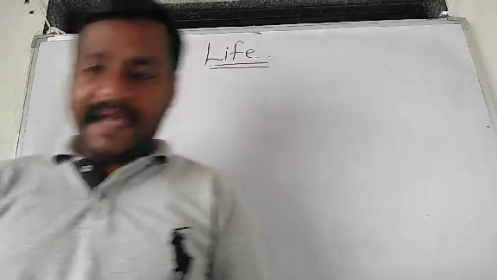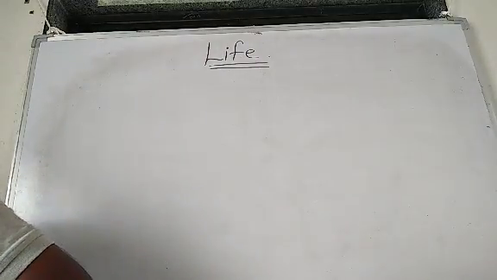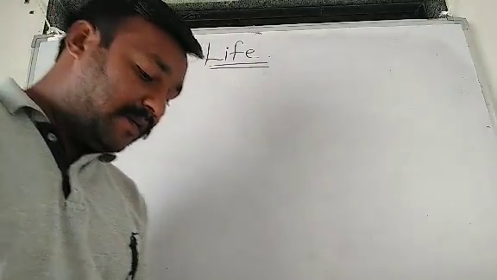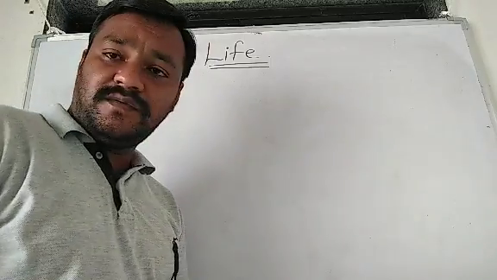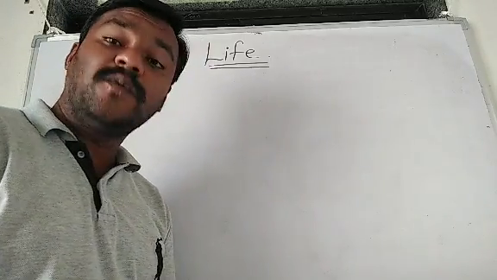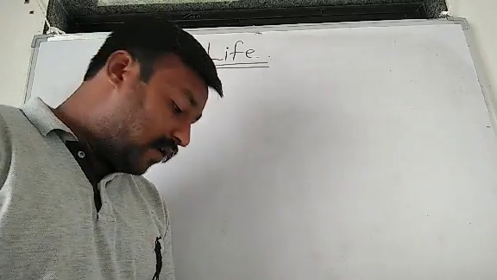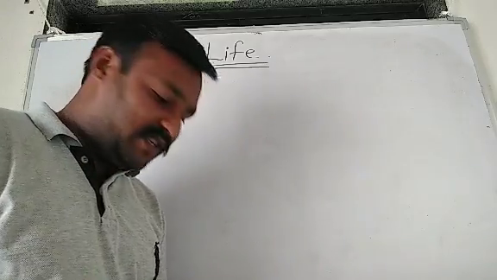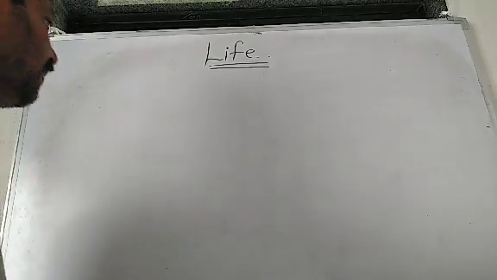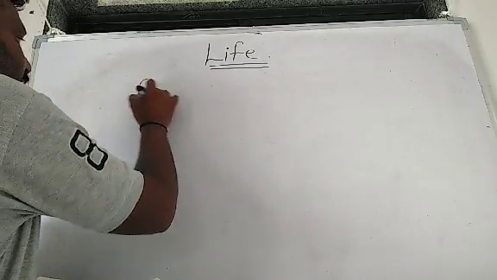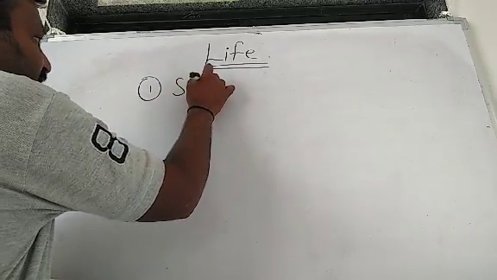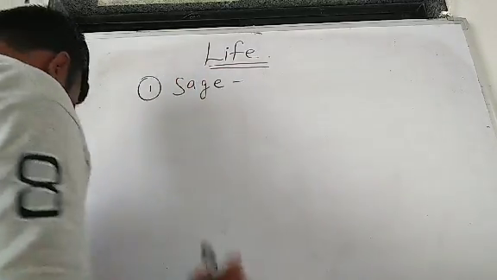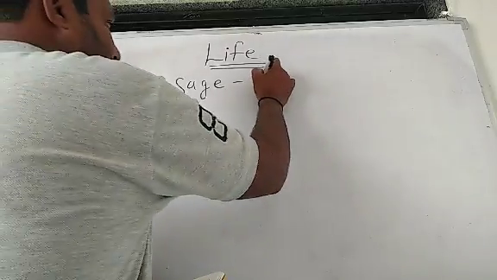So in this poem I have found some words. First, let me give you some important vocabulary words of this poem, along with the meaning. So you also write down these words. First word, sage. The meaning of sage is what?